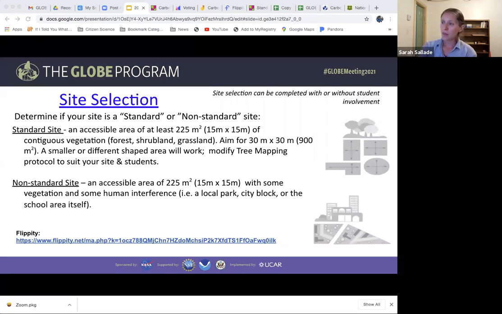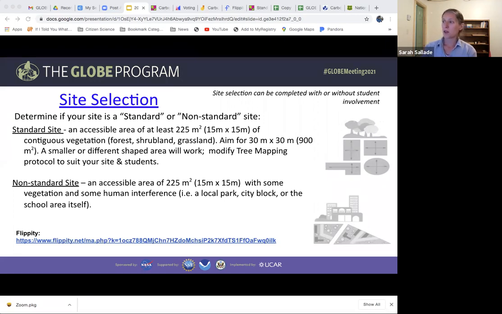The most important part is that you have an accessible area that's at least 15 by 15 meters or 225 square meters of contiguous vegetation. So that might be forest, shrubland, grassland, or it could be non-native. So it could be a tree plantation, and that's fine.